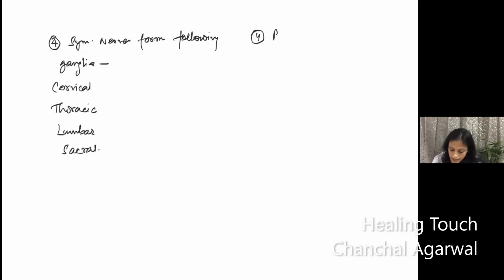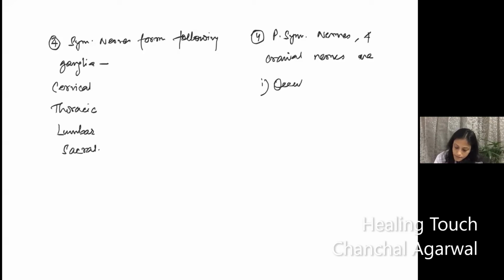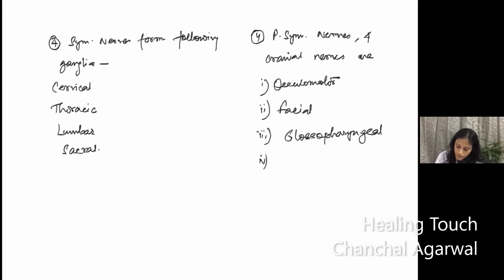Whereas under parasympathetic nerves, I'll mention 4 cranial nerves specifically. The 4 cranial nerves are oculomotor, facial, glossopharyngeal, and vagus.